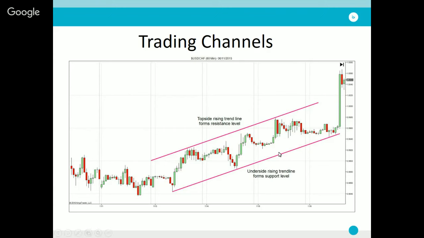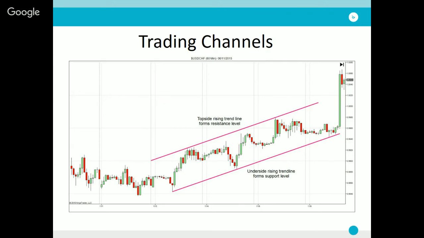So long as you've identified a valid trend line or a valid channel in the first instance, you'll notice that once price eventually breaks them, it does continue to respect it even when it's testing it from the other side. So channels are another fantastic way in which we can apply trend line analysis to the market and identify trading opportunities.